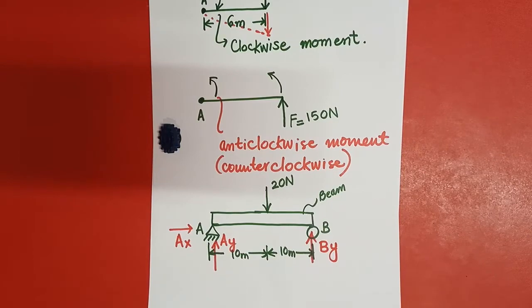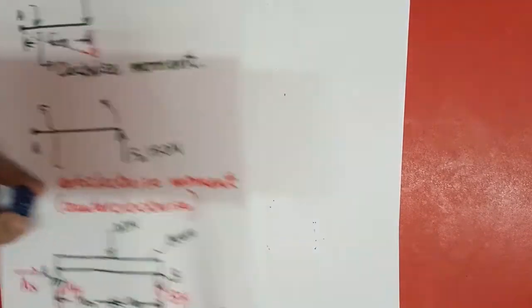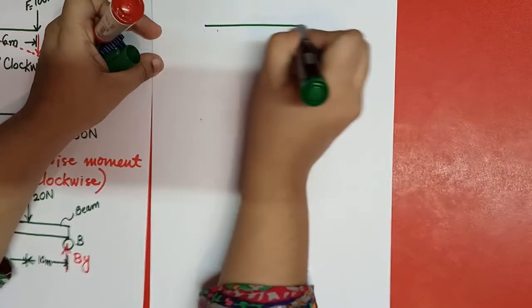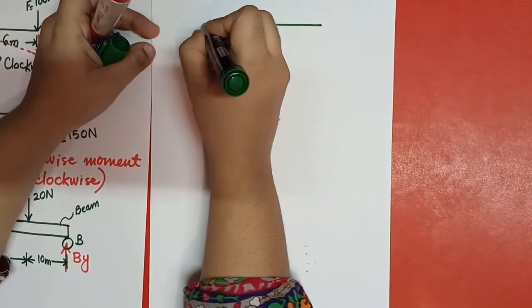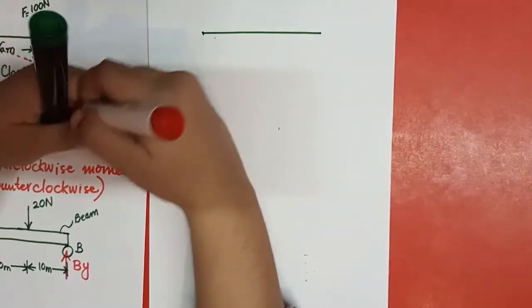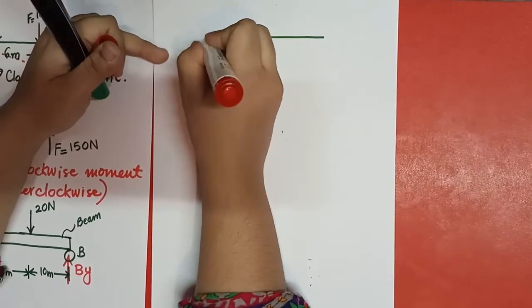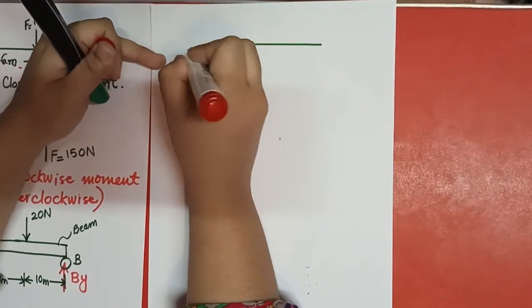Now I have to make a free body diagram of this beam. How can I make a free body diagram? Let me tell you. For example, this is the beam, and there are support reactions acting on it, AY, which I have to calculate here.